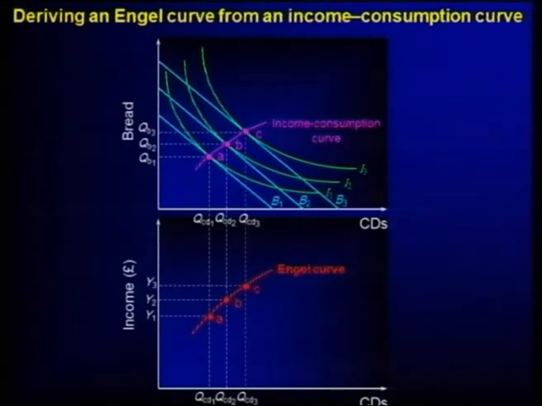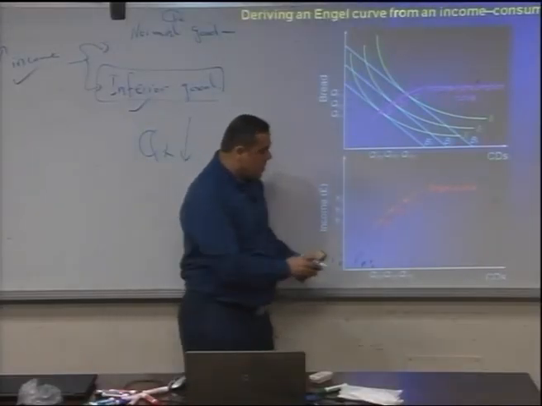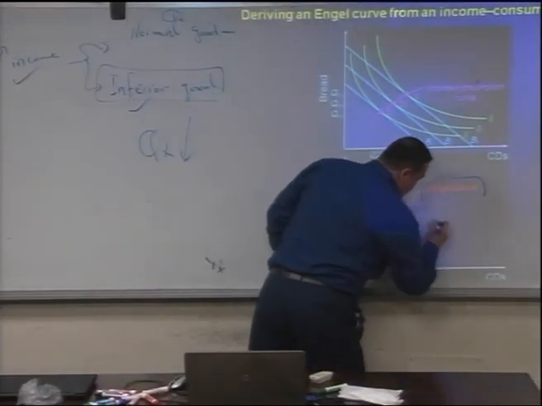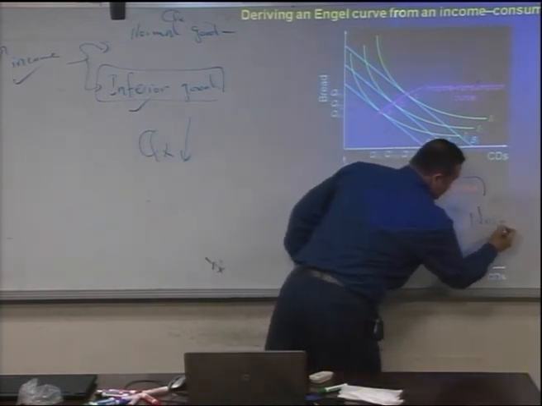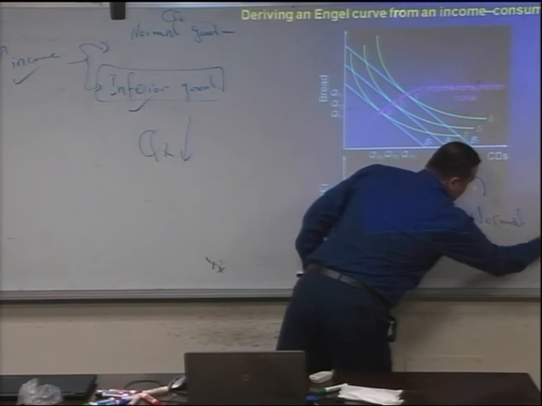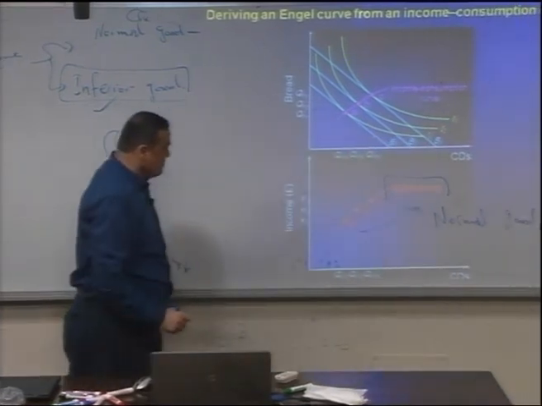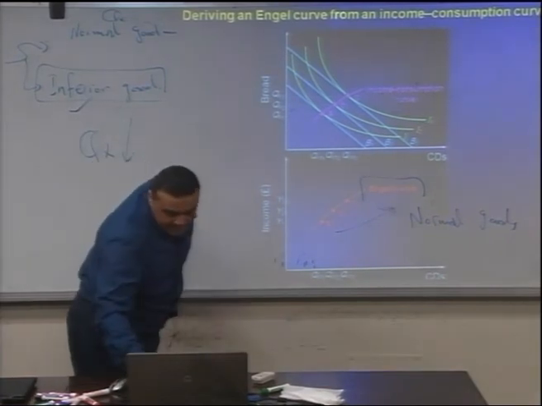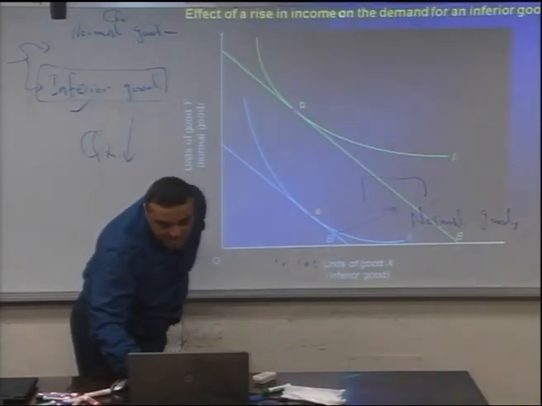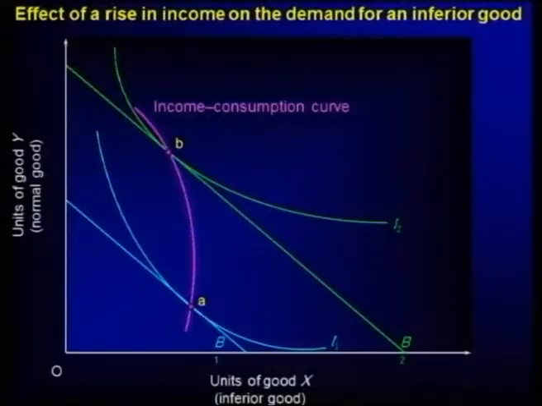So the income consumption curve in this graph is upward sloping for the normal goods. But in the second case, it has a negative slope.